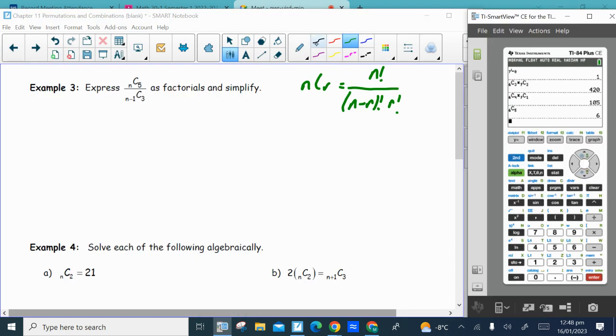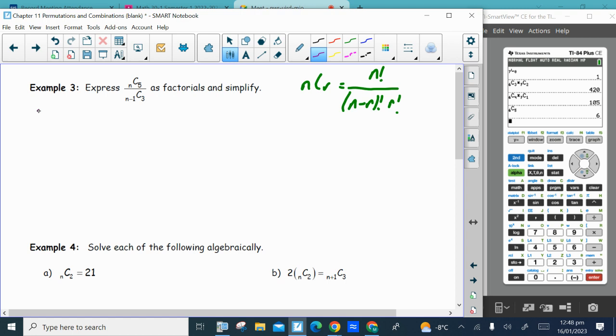All right, so nC5 would be n factorial over n minus 5 factorial times 5 factorial, and that is divided by n minus 1 C 3. So it'll be n minus 1 factorial over, now remember the denominator has two factors in it.